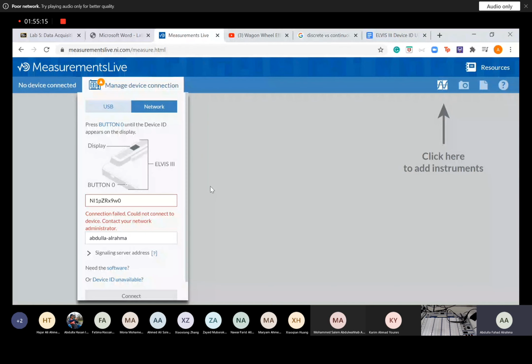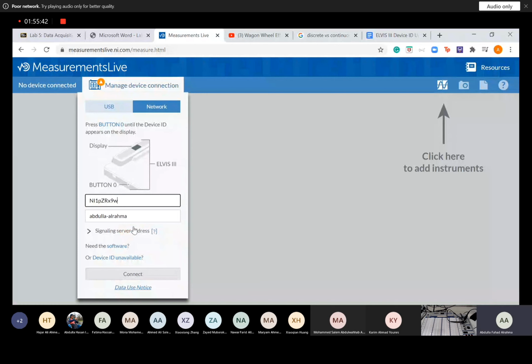So here in network, what did you enter? NI1P ZR W0. Make sure there's no space. Between what? The ID, at the end there might be a space. Nothing.